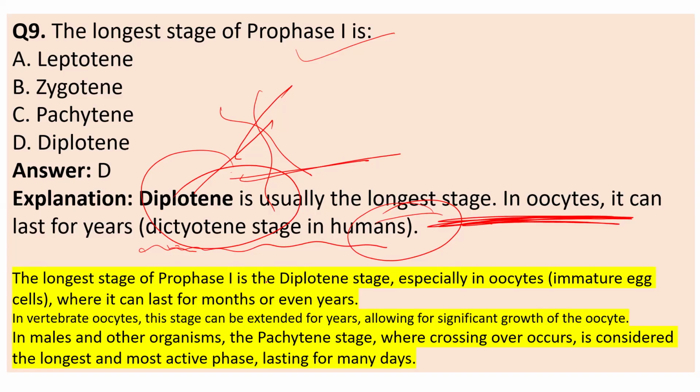So the longest phase of prophase 1 is the diplotene stage, especially in oocytes, the immature egg cells, where it can last for months or even years. In vertebrate oocytes the stage can be extended for years, allowing for significant growth of the oocyte. And then after that, other processes take place. I already explained this process in my video on human reproduction, so kindly watch that video.